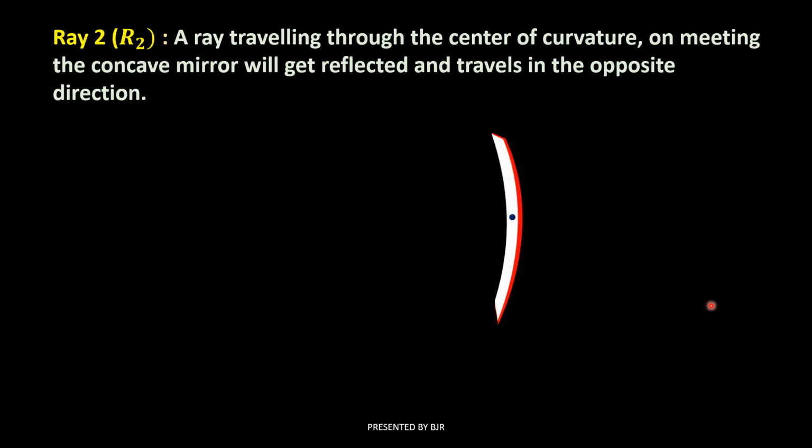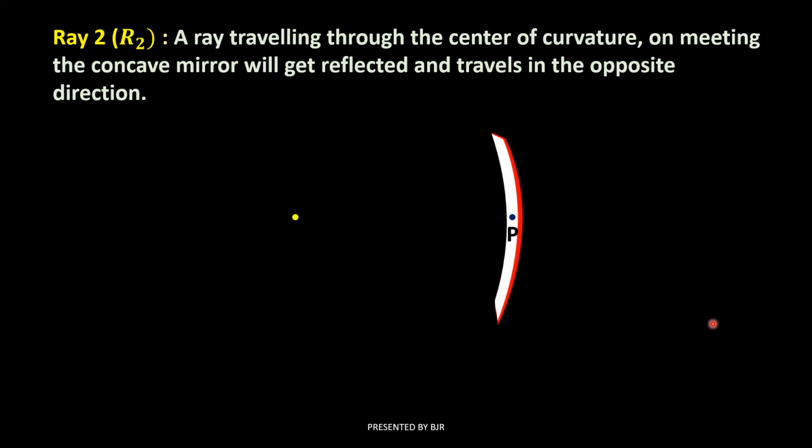See here, the same mirror I am taking. Actually these are not the ray diagrams, isn't it? While drawing the ray diagrams, I am going to use these two rays. That's why I am showing you once again the behavior of these two rays.